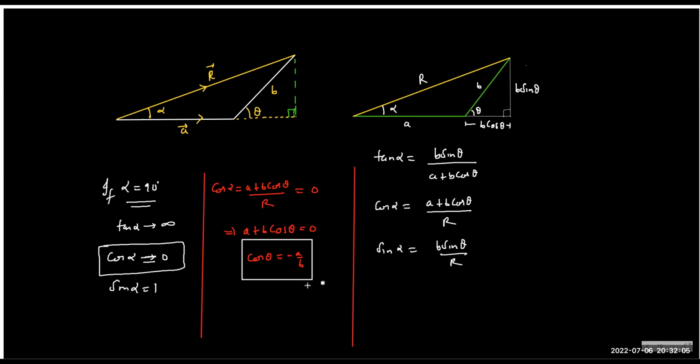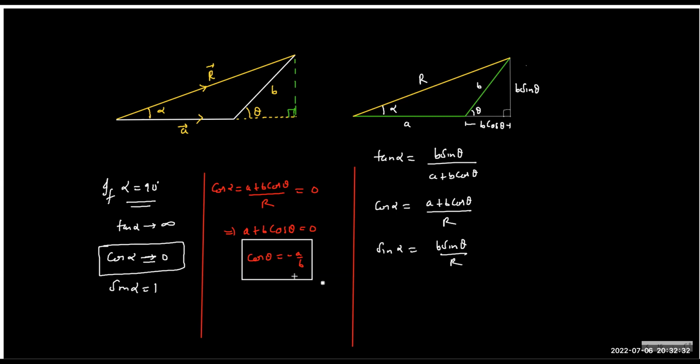And here A is the small value. It should be, because the ratio of A and B cannot exceed 1, isn't it? All sine and cosine functions lie between -1 to +1. Understood?